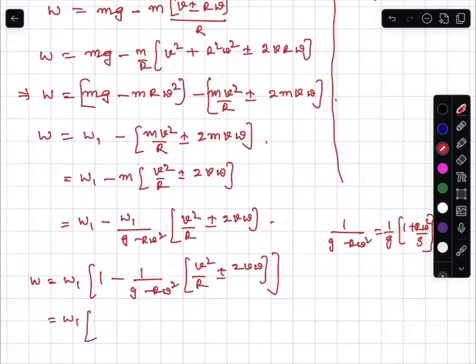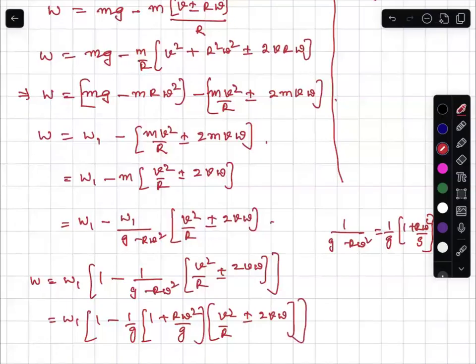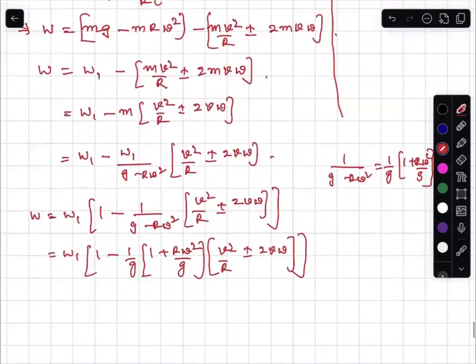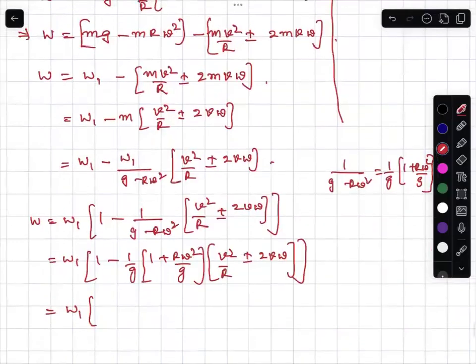So therefore, 1 minus 1 by g times 1 plus r omega square by g into v square by r plus or minus 2v omega. By solving all, finally, you will get, is that right? Every part, 1 by g I have taken common, right?